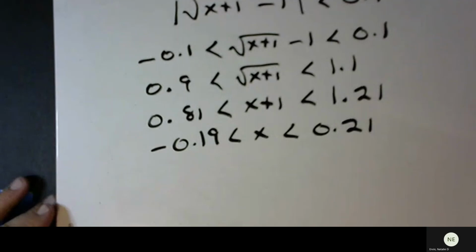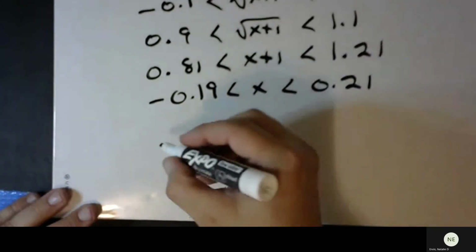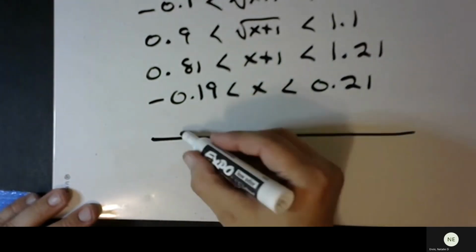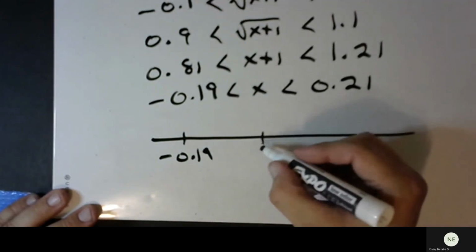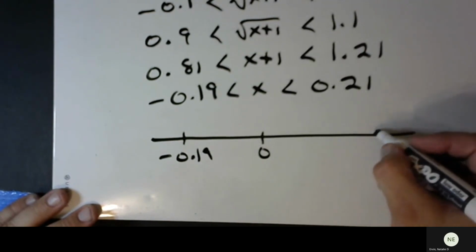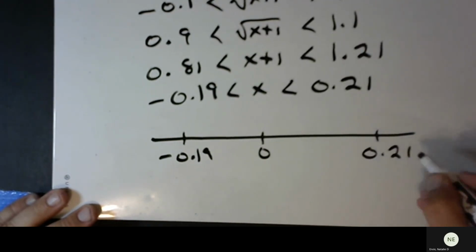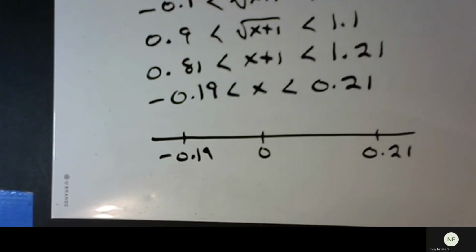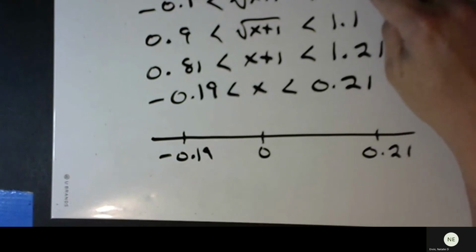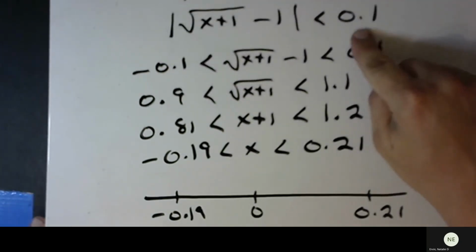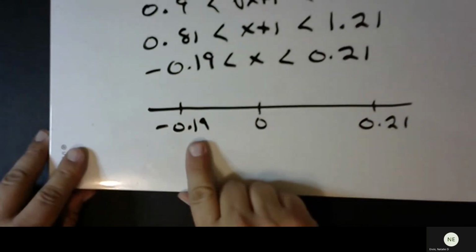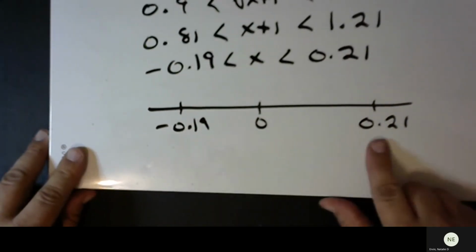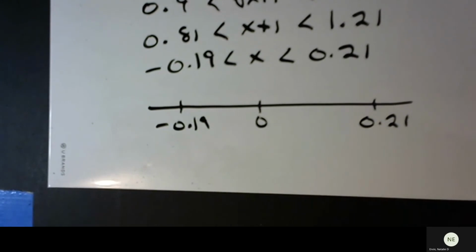So this is where we're going to take a look at a picture of our interval. Now remember, we're approaching 0. Exaggerate this a little bit. So what we're finding out with an epsilon of 0.1, that's going to place our x between negative 0.19 and 0.21.